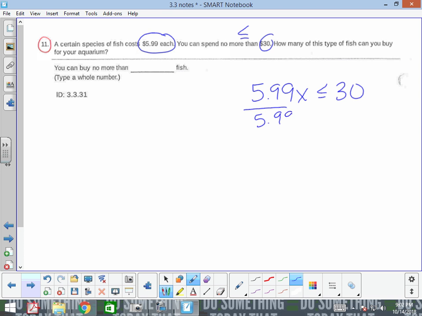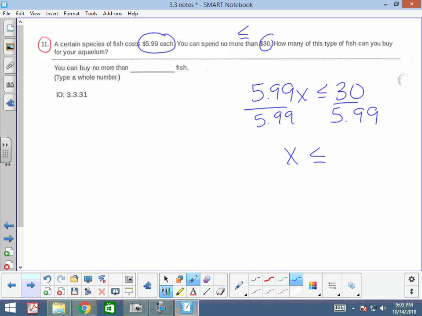So divide. And we get less than or equal to, sorry, I didn't do this on my calculator. 30 divided by 5.99 is approximately 5.0083.